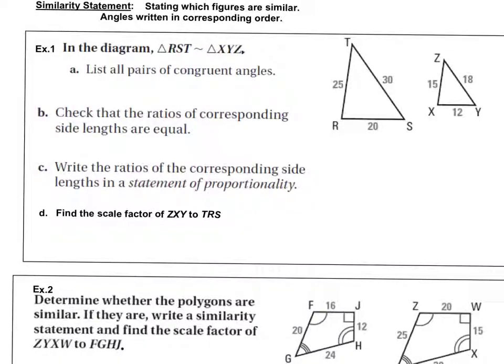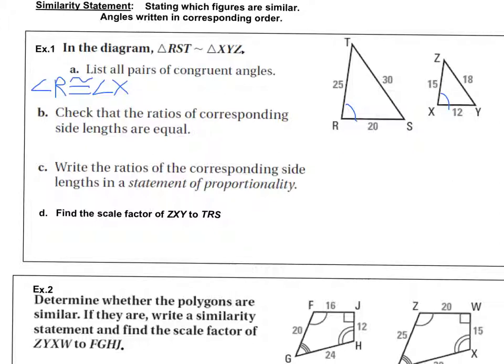Alright, so let's follow the directions here in example 1. They're telling us that these two triangles are similar, and the order matters. So list all pairs of congruent angles. Well, let's start with the fact that angle R is first, and so is angle X. So angle R is congruent to angle X. And I can mark that on my diagram. Angle R and angle X are congruent.